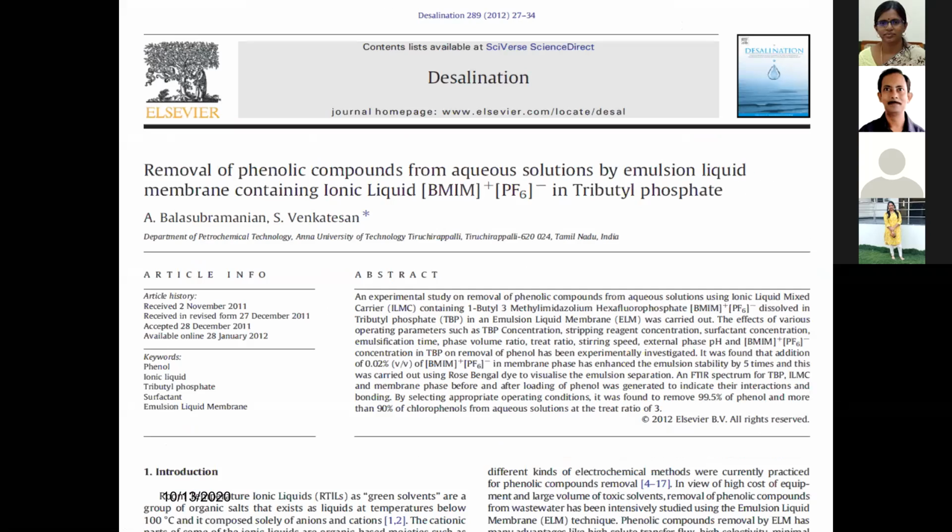This ionic liquid has been coupled with the solvent tributyl phosphate, and after coupling these two compounds, we put the mixture into the emulsion to make a stabilized emulsion. Then we used this emulsion for the extraction studies. That has been published in the recent Desalination journal.